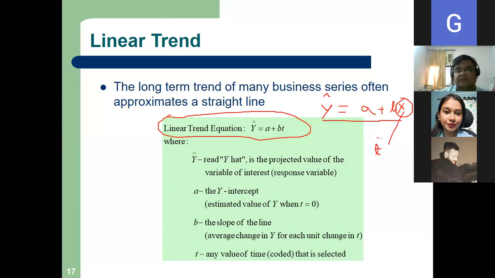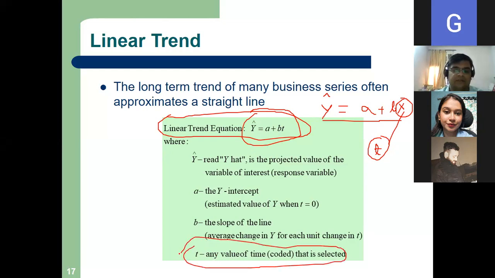Then it takes the shape of this equation: Y hat is equal to a plus bt. Same equation, only the t element, any value of time that is selected. So we get an equation called linear trend with time. A is the y-intercept, B is the slope of the line, and so on.